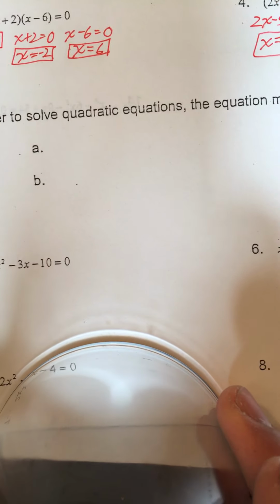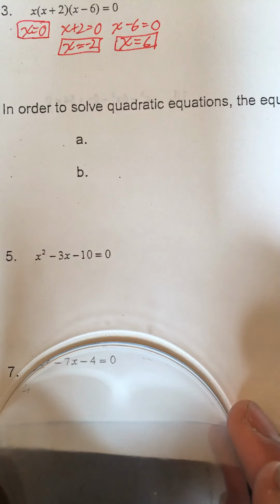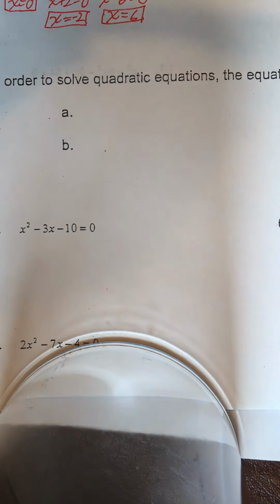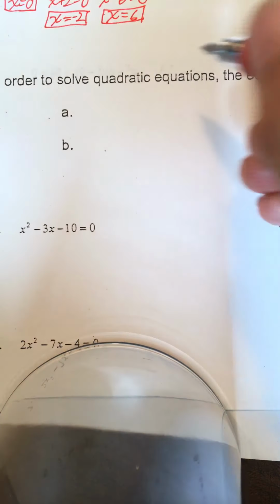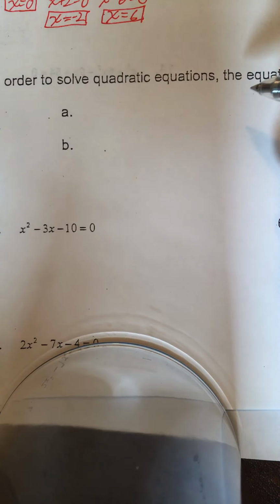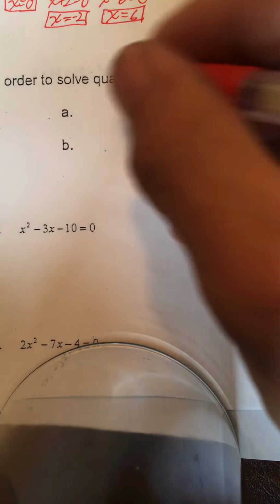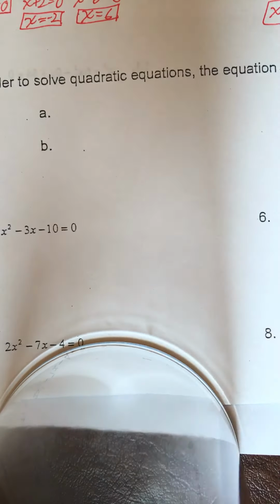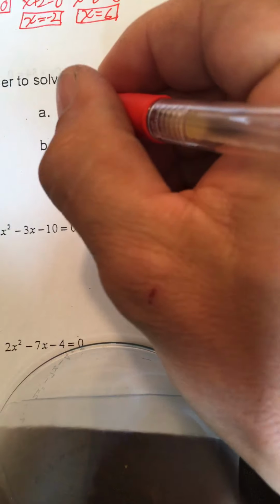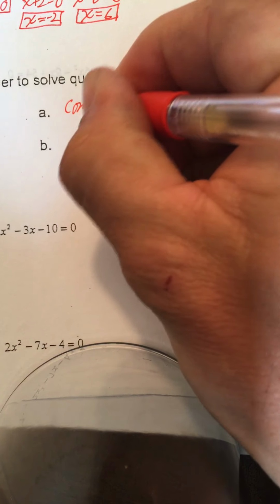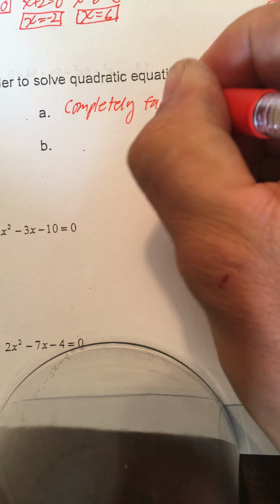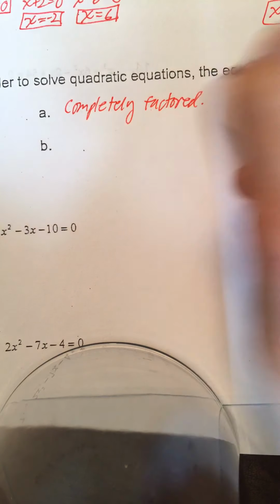So there's a couple things that we're talking about here when we talk about quadratic equations. We say that the equation has to meet 2 requirements. The first one, if you notice up above, all of those quadratics are completely factored. They have to be completely factored.